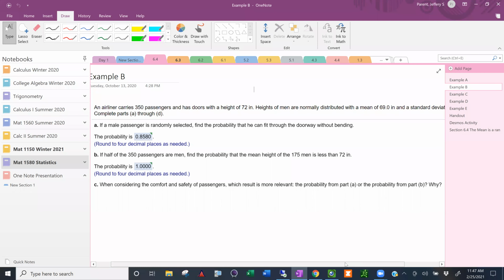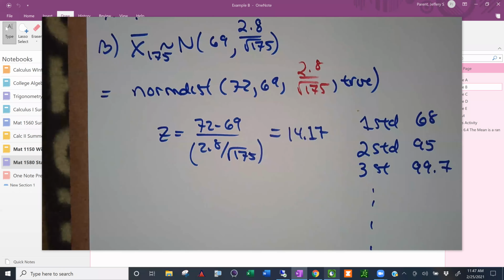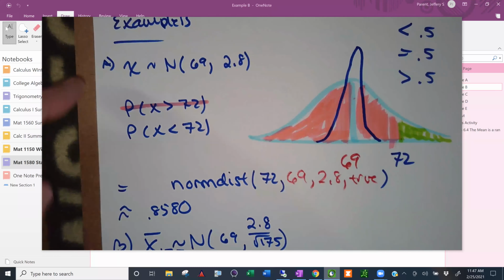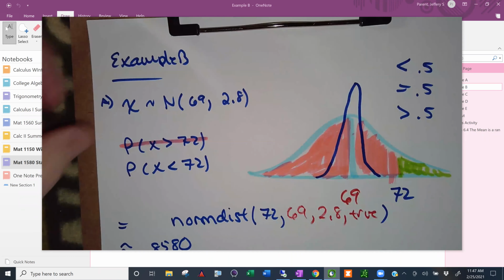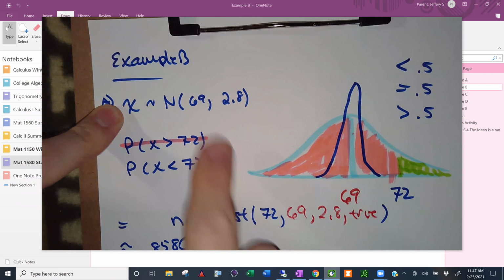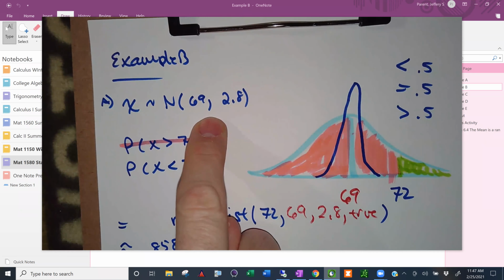Probably A, because it's more random. I agree with you on A, but the reason is, and maybe I didn't do a good job of dramatizing it, that you're only going to be marching one person at a time through. It doesn't matter what the average of 175 men is, they're still going to go through one person at a time.